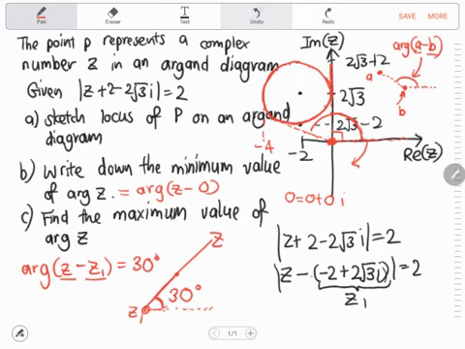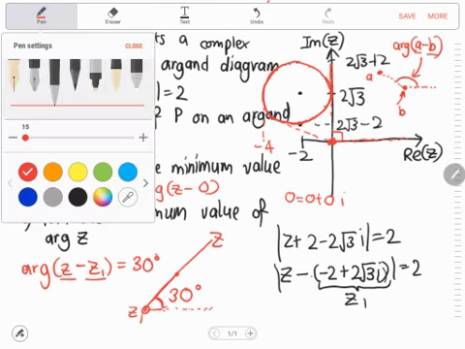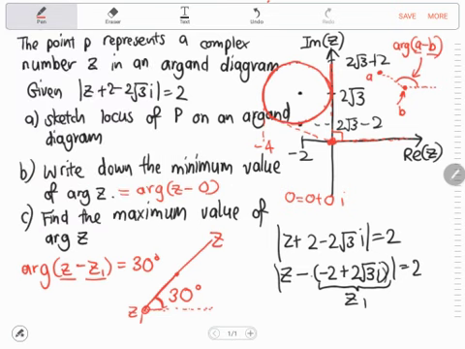So that's it. The minimum value of Arg z should be equal to 90 degrees, assuming Z is here. If Z is anywhere else, it will give us a larger angle when measured from the origin.